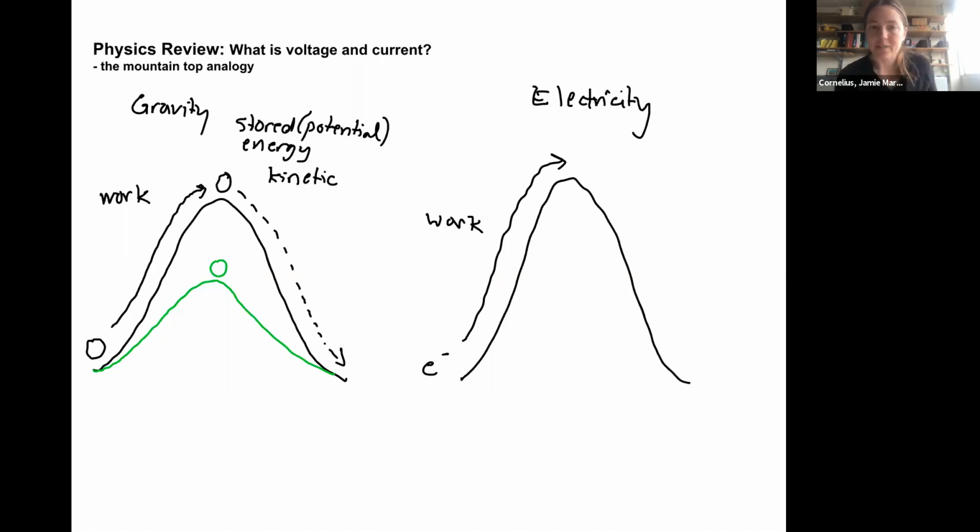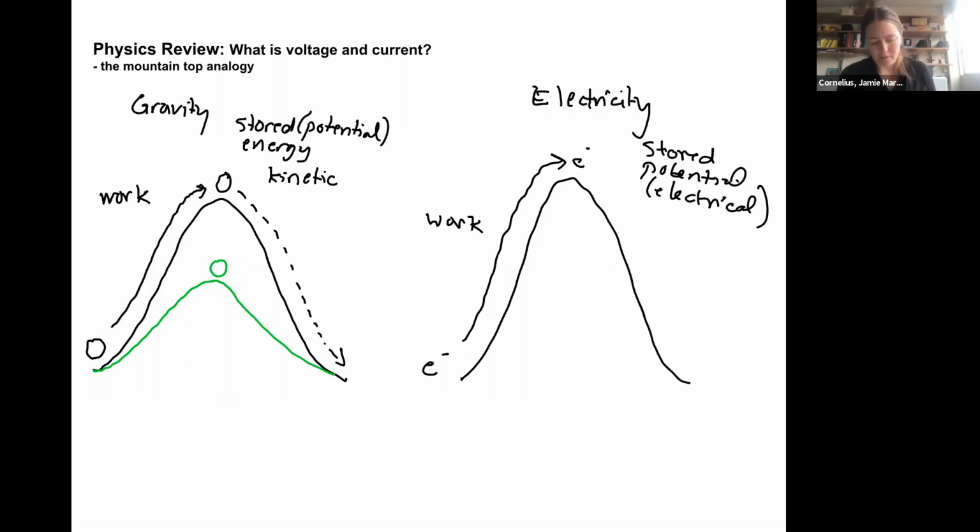Your cells do this when they actively pump ions against their electric gradient. Then you've moved that electron up, and now you have what's called a stored potential. And this is now electrical energy.